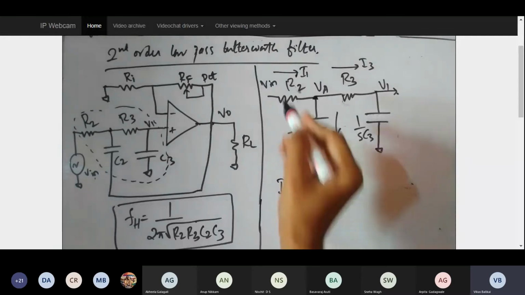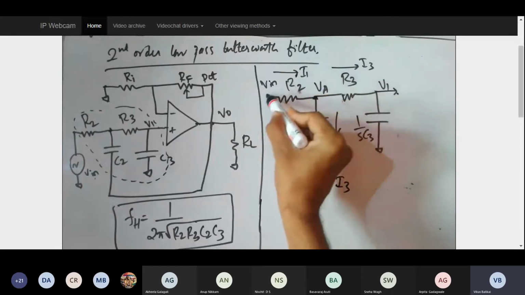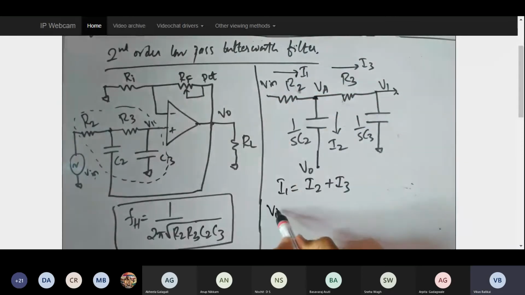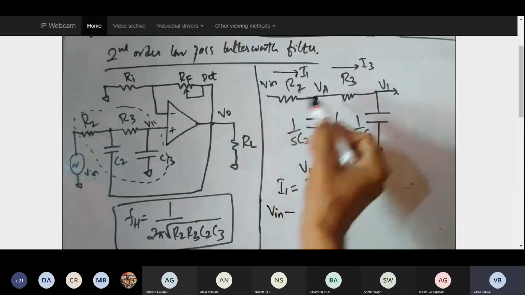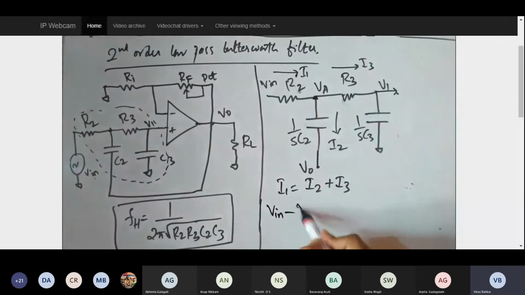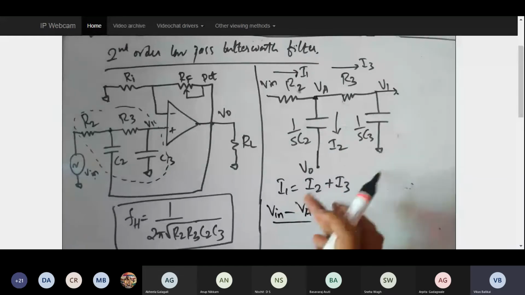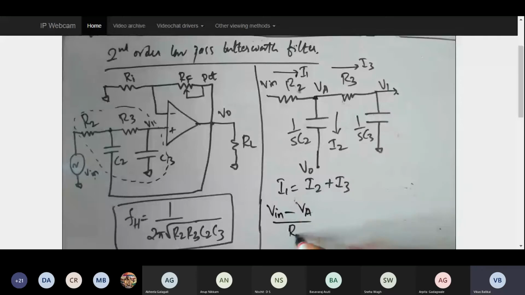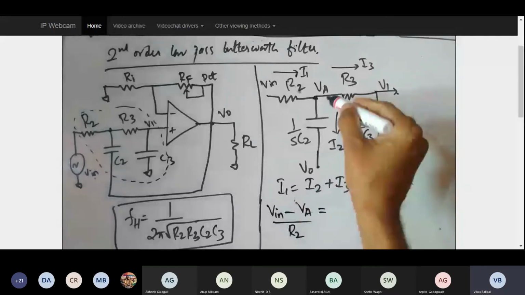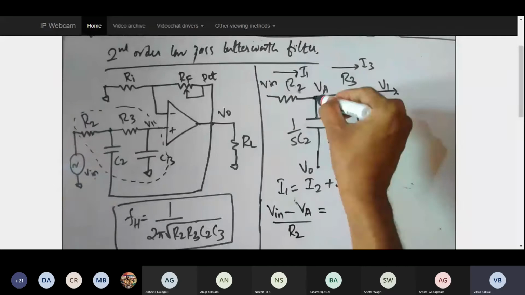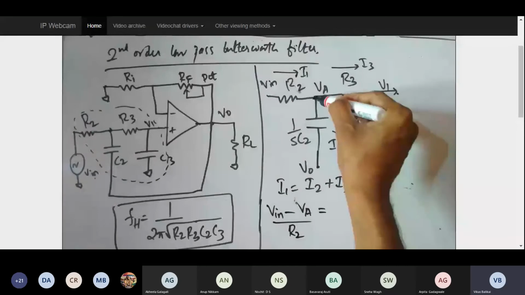From where is this current I1 generating? It is generating from V in, and it is ending up at VA. So V in minus VA, and it is passing through resistance R2, divided by R2. And what about I2? I2 starts at VA and ends at V0, because this is connected at V0.